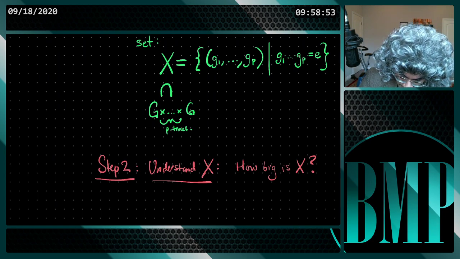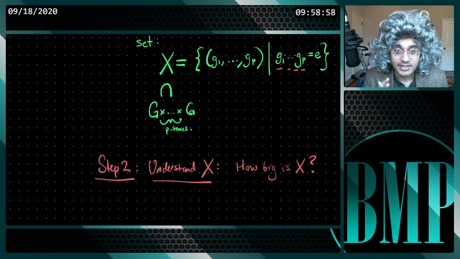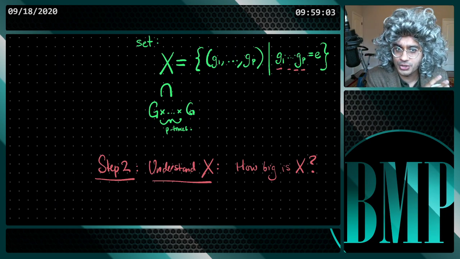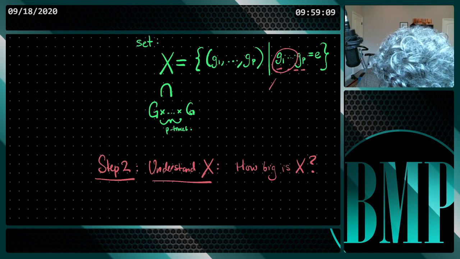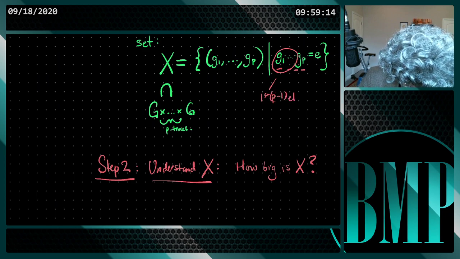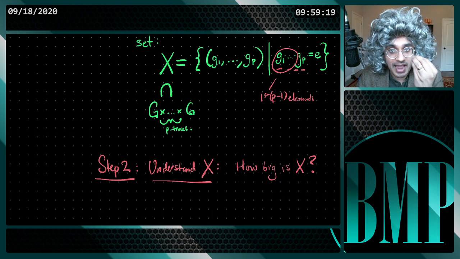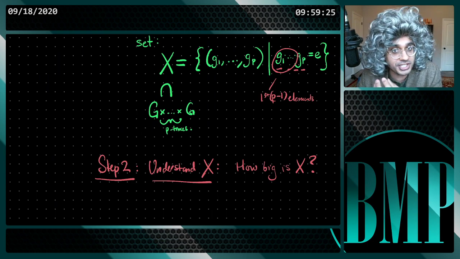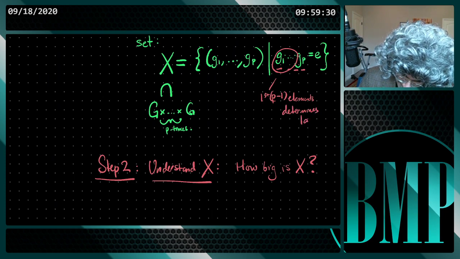If you have p elements that multiply to the identity, then the last element is perfectly frozen once you choose the first p minus 1. The first p minus 1 have to determine the last one, because you have to multiply by the inverse of the product of the first p minus 1. That's what g sub p would have to be. It determines the last entry.